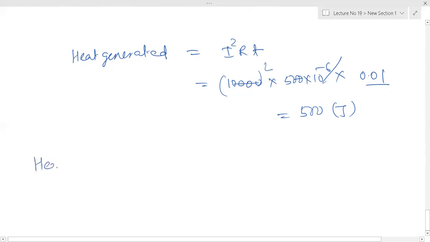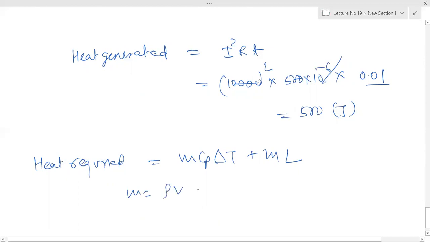Then we'll calculate heat required. m C_p and m L, already discussed, right? So what is the volume? Density, mass we already discussed: rho V, that is rho into, sorry, not pi by 4, rho into 4/3 pi r cube.